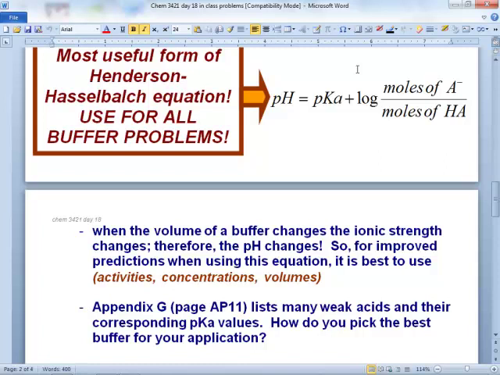When the volume of a buffer changes, the ionic strength changes. Why?